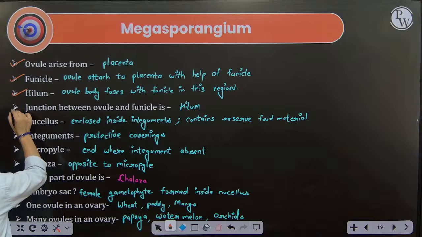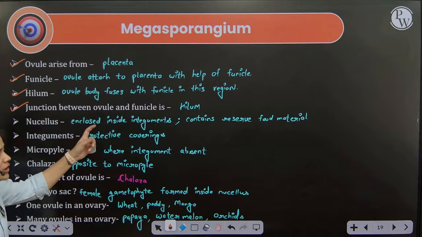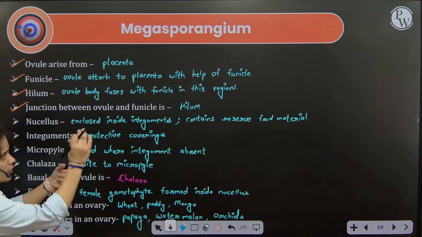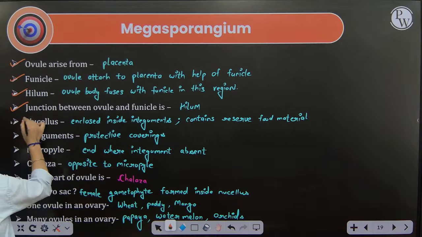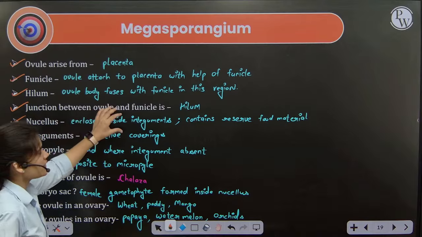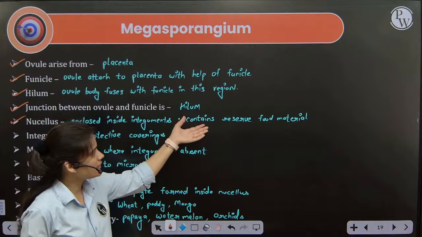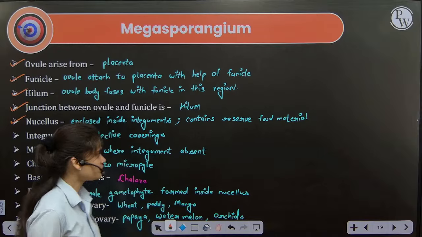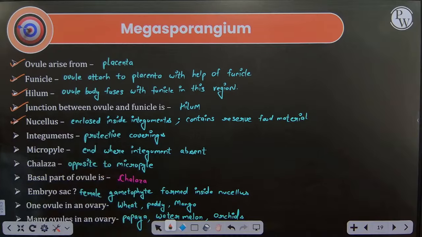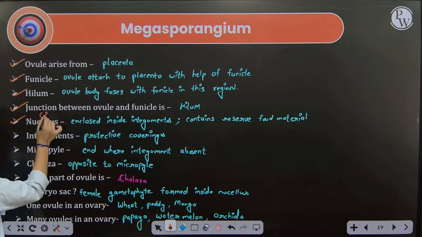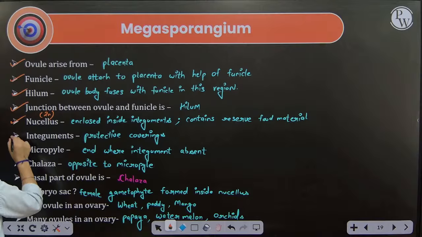What is the junction between ovule and funicle? That is hilum. Nucellus, enclosed inside the integument. This nucellus contains reserve food material, nutritive tissue, and ploidy of that is 2n. Integuments. These are protective covering.